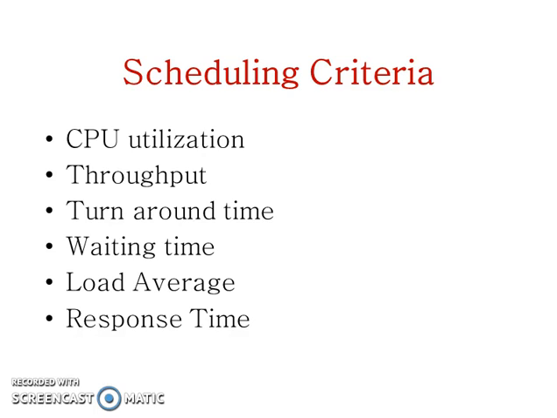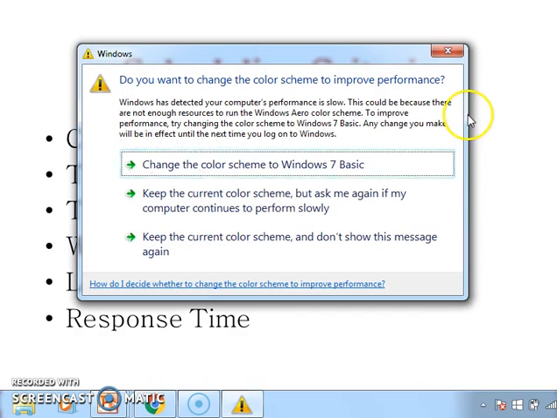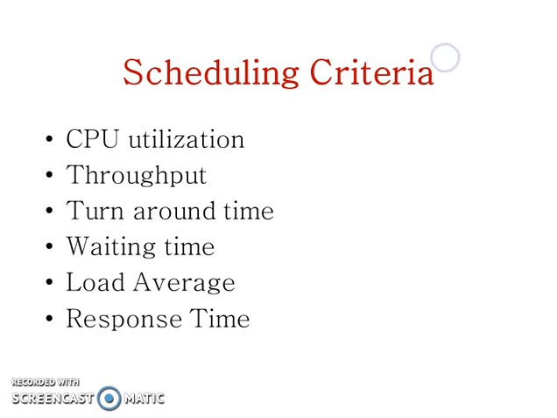Ideally, we expect that the CPU should be working 100% of the time. But considering a real system, CPU usage should range from 40% for lightly loaded systems to 90% for heavily loaded systems.